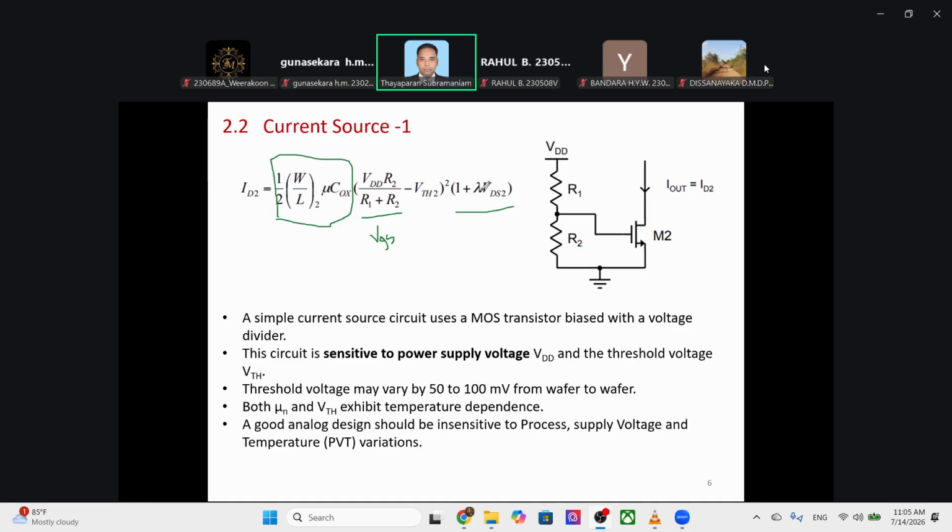Lambda is constant always. So the question is, when we change the load within our limits, how much variation will the current source have? That measures the quality of the current source.